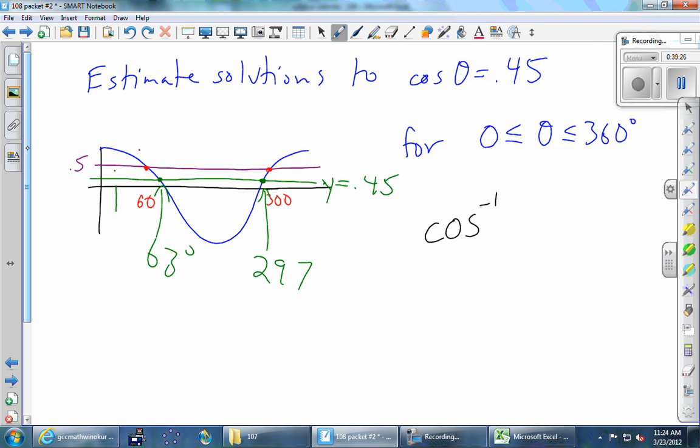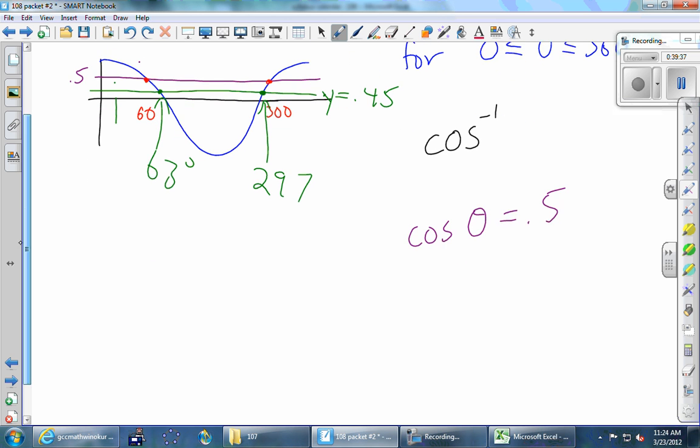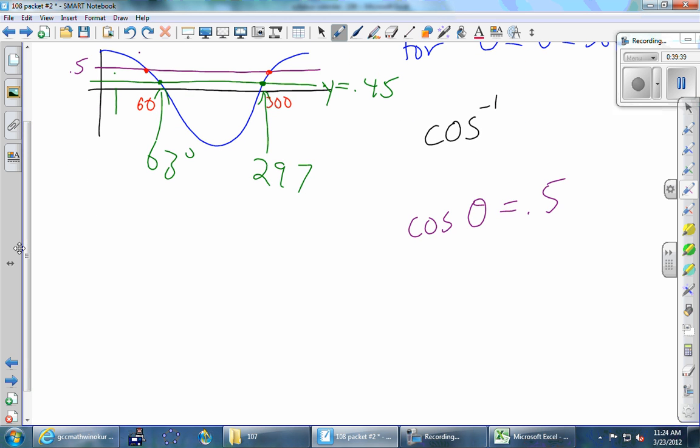First of all, let's go back to our standard equation. Cosine of theta is 0.5. That was our basic one that we know everything about. What I'd like to do is pretend that we couldn't just look at the unit circle and grab the answers, because we're about to not be able to do it for 0.45. So suppose we can't do it. What I need to do is somehow get my hands on theta.